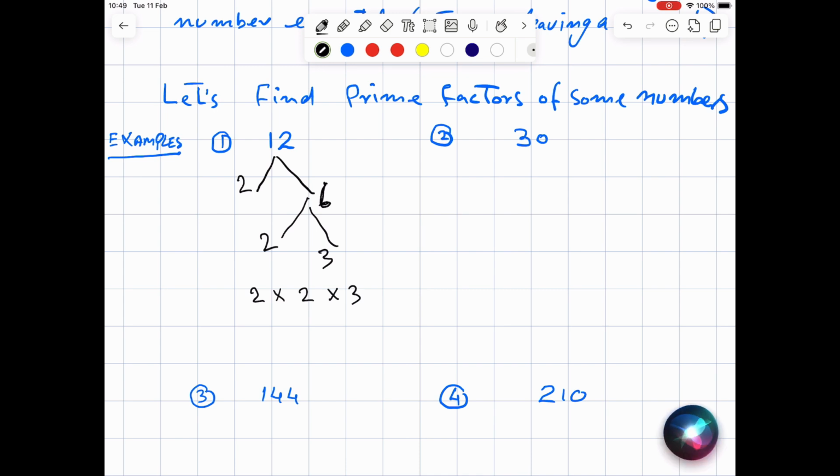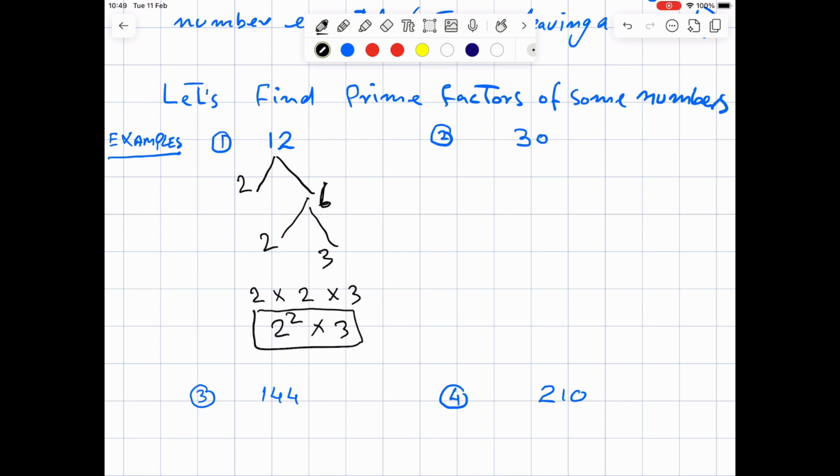And it can be rewritten as, because there are two 2's, 2 squared times 3. So the prime factors of 12 are 2 squared times 3.